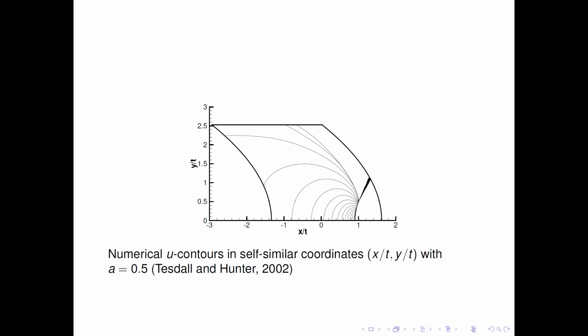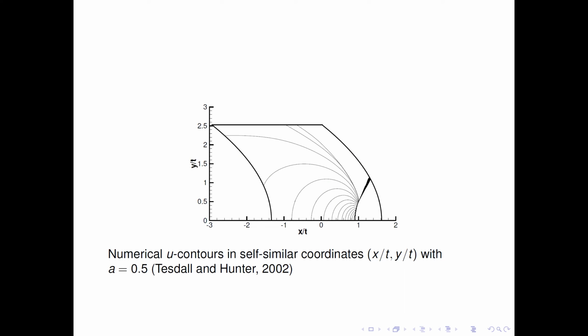And then there's a large subsonic region where again, it's a mixed type equation in these self-similar coordinates, x over t, y over t. The equations are elliptic in this region, hyperbolic in this region, and hyperbolic in this region. In fact, they're constant here and here. This is the state 0 ahead. This is the state 1 minus a. And that's what you see.